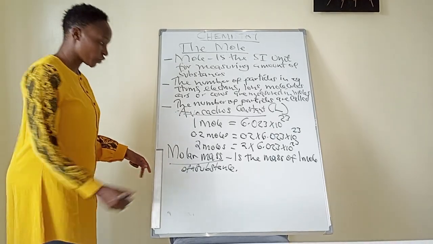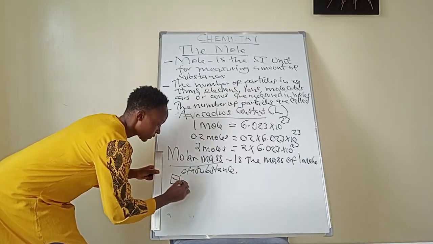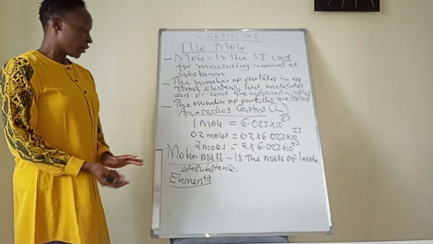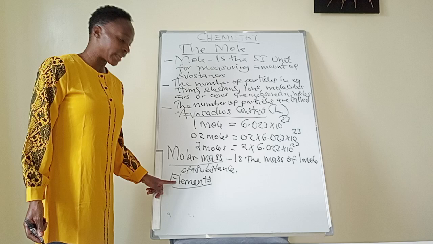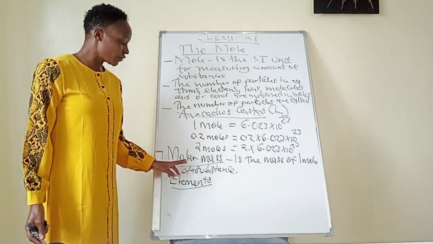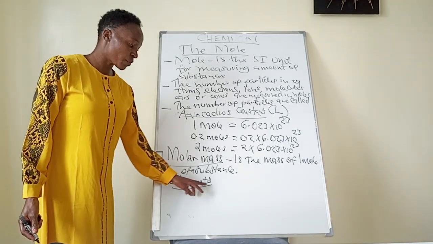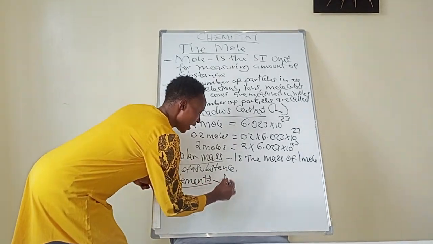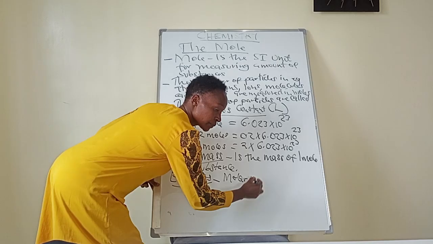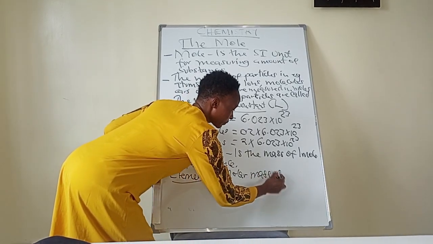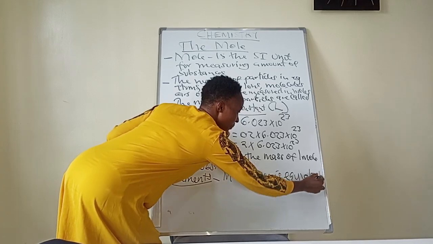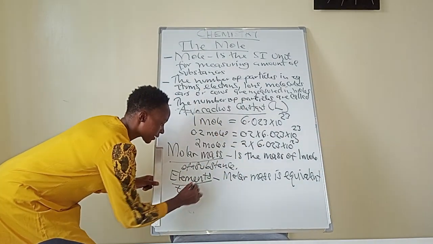For example, if we talk of elements, you'll find that you want to know the molar mass of an element. It is relative to the relative atomic mass of this element. We talk of RAM. So we say molar mass will be equivalent to RAM.